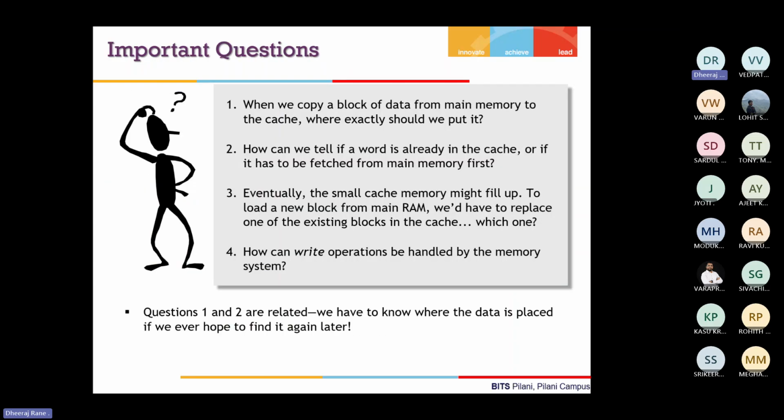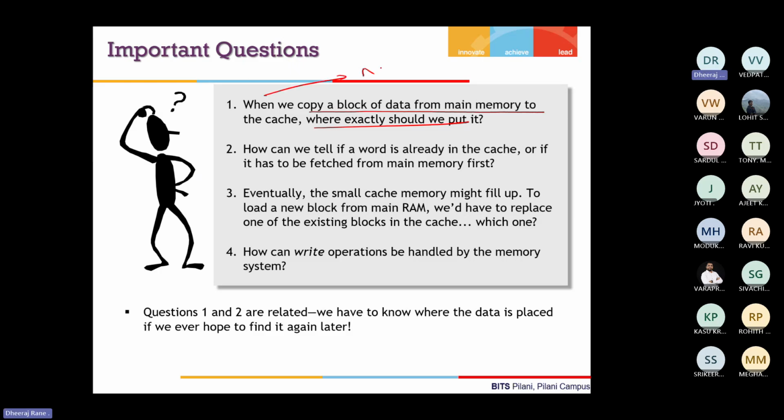Now there are several questions that should be answered whenever we are doing the arithmetic or the mathematics corresponding to the cache memory. Okay. So most of these are already answered, but at least you should brainstorm what exactly the points are with reference to cache. Okay, when we copy a block of data from memory to cache, where exactly should we put it, right?